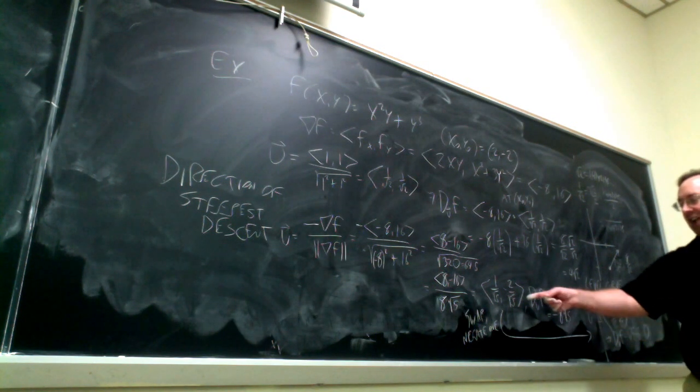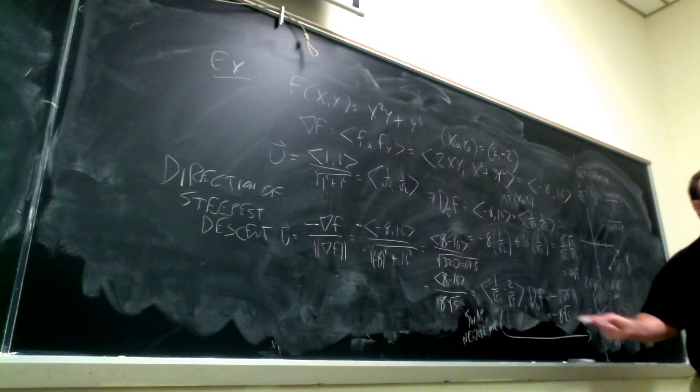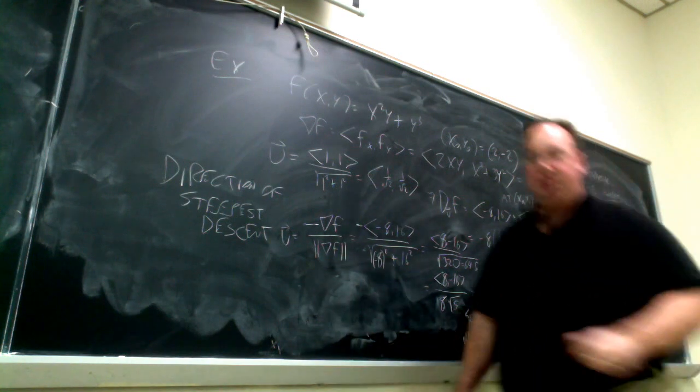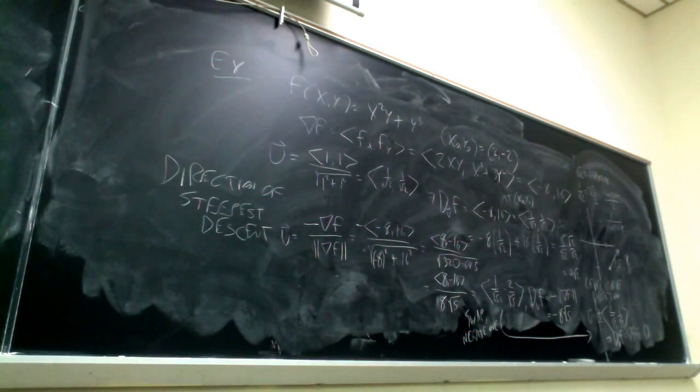In fact, if I just tacked on a z component of 0, then this is exactly what would happen. So in general, if you have n-dimensional space, you have n minus 1 vectors, a cross product like operation gives you a vector that's orthogonal to all the other n minus 1. And cross product we're certainly going to be using from time to time in this class, just not yet.